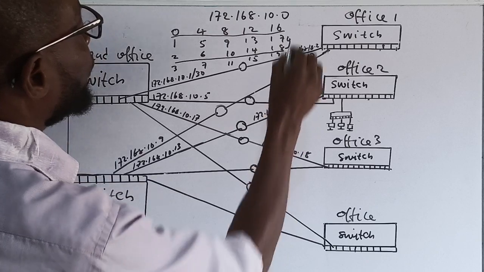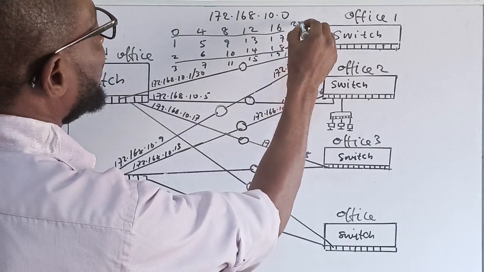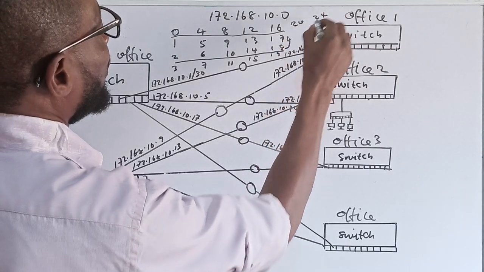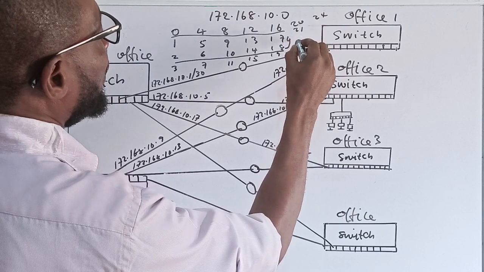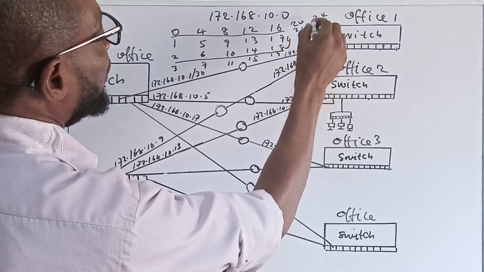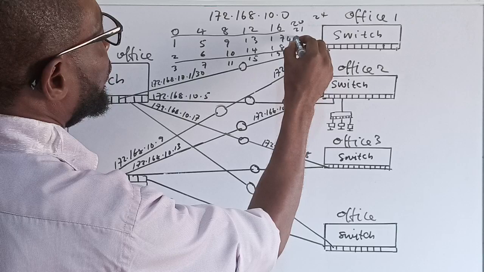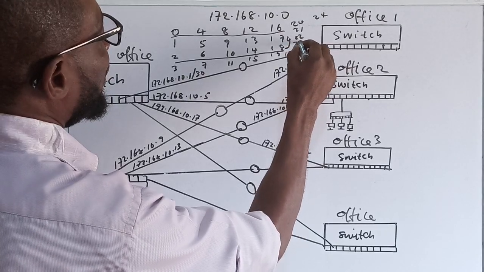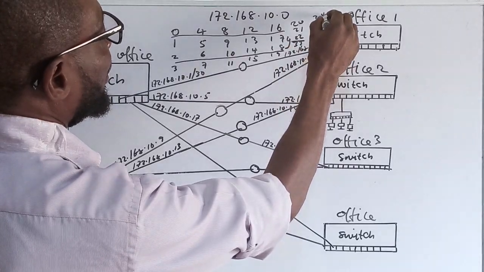And 172.168.10.18. So we still need to go on: 20, 24. This is 21, 22, and 23. 23 is the broadcast address, and the next one is 20.